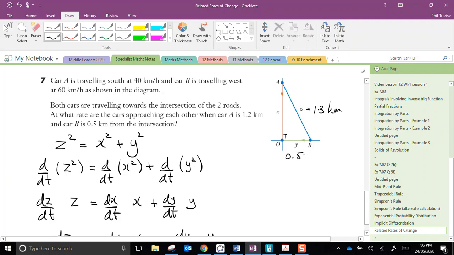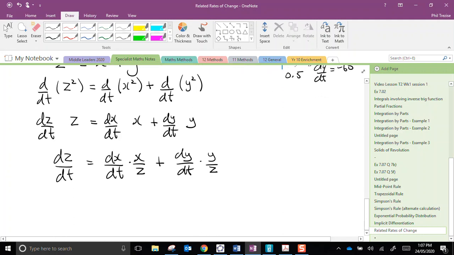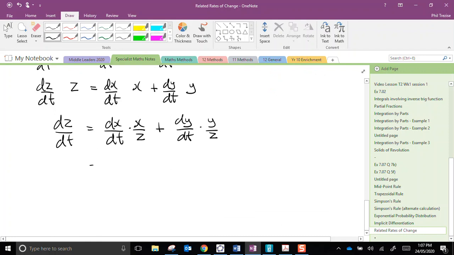Furthermore, we've got that the car A is travelling south at 40. X is decreasing. Then dx dt is negative 40. Y is decreasing at the rate of 60. dy dt is negative 60. Those are all the things we need.